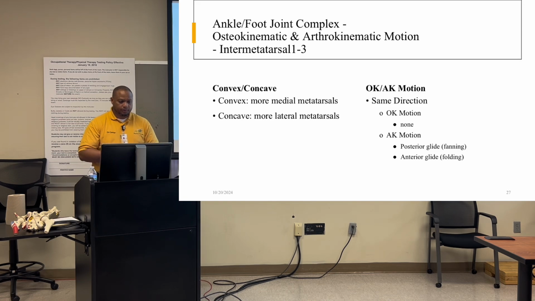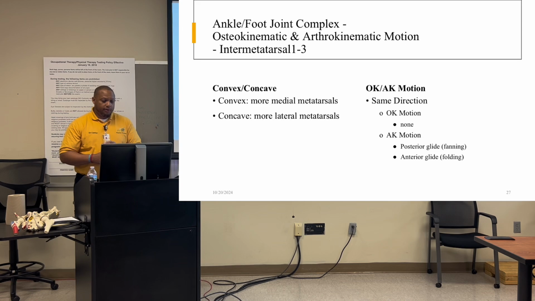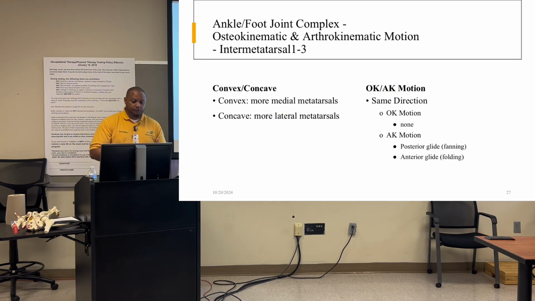Now moving on to our intermetatarsal joints. Okay. So we have convex, which the convex surface is more on the medial aspect of our metatarsals, and we have the concave surface being more lateral on our metatarsals. But all in all, we have concave moving on convex.